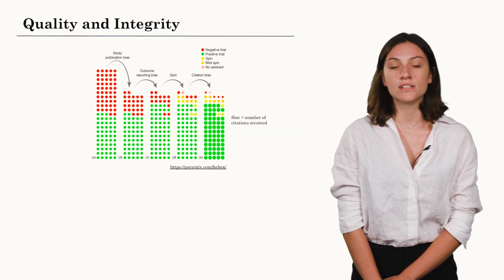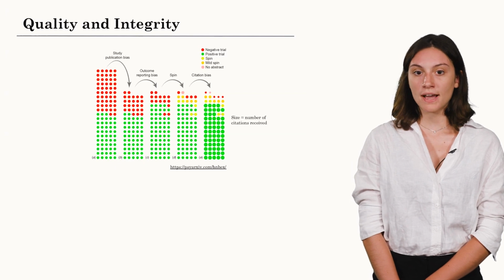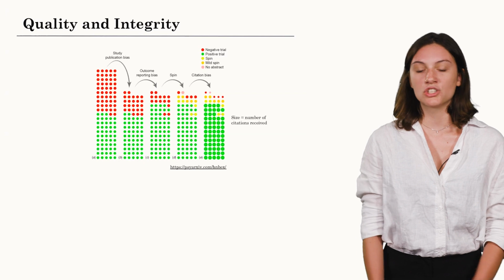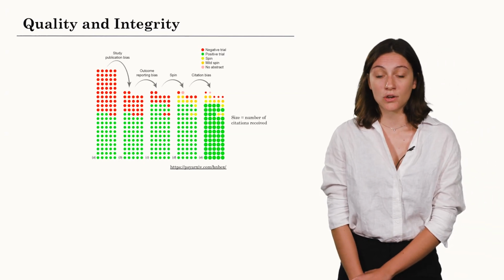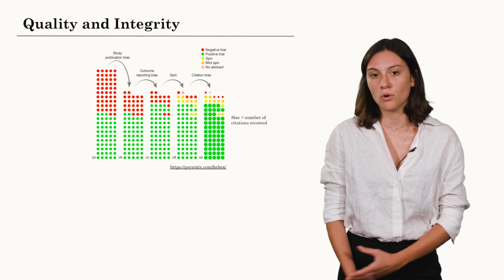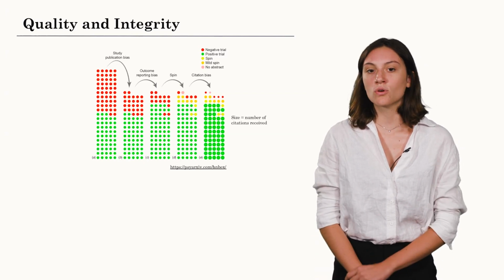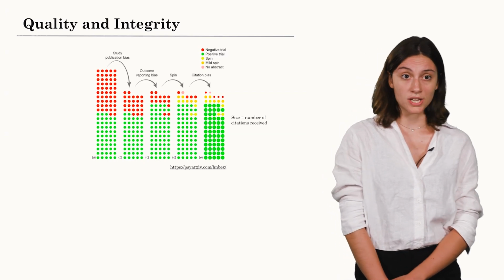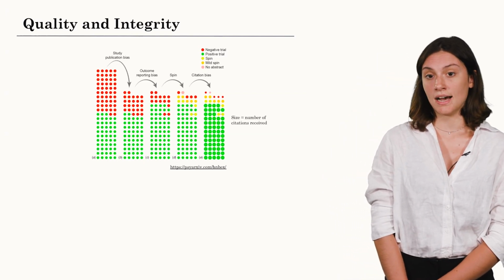So eventually, it is only the studies that found a positive effect that get cited, get known, get more media coverage, and therefore create our ideas about whether antidepressants really work or not in this case. And of course, this could apply to any sort of effect in psychological science as well as in other disciplines.